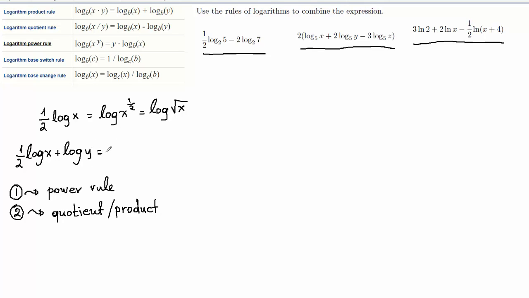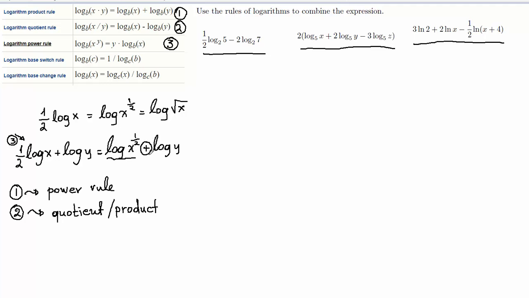So if you want to combine that, then 1/2 log of x is going to be, as we calculated above, log of x to the 1/2. And now you have this plus log of y. Let me name those: the product rule I call 1, the quotient rule 2, and the power rule 3. So the first thing that you do is apply the rule 3, the power rule. You combine this into one logarithm, and now you see that you have a plus.